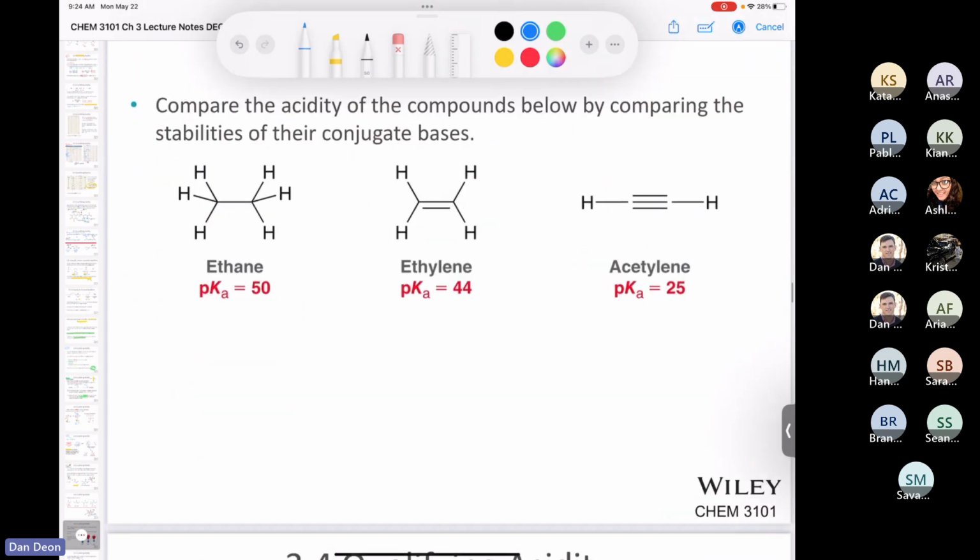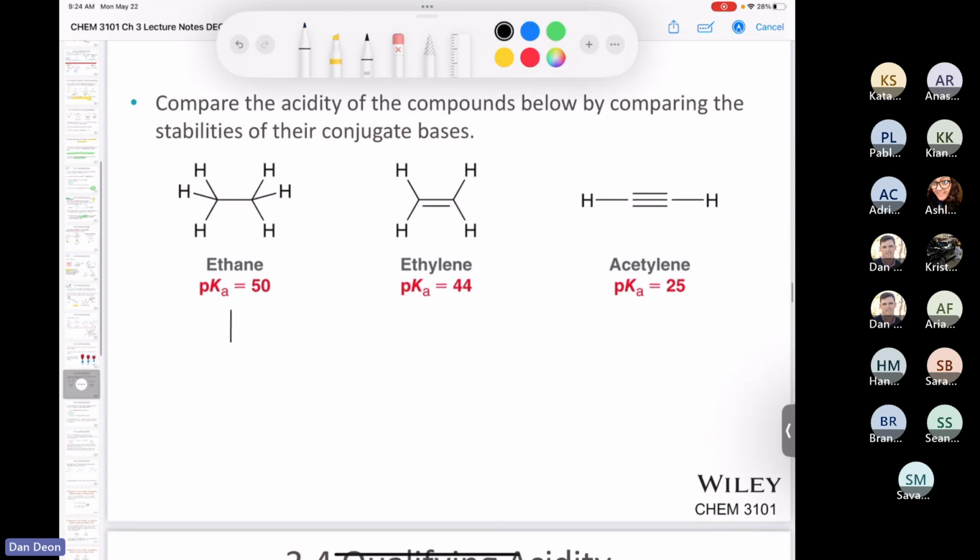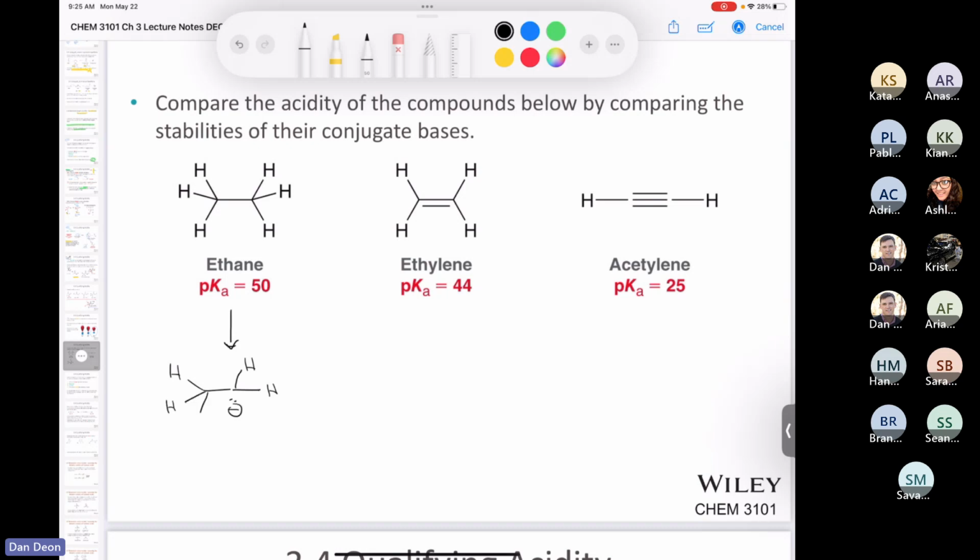Let's take a look at some examples here. If you take a look at ethane, and you draw the conjugate base of ethane, let me just pencil that down here. We have something that looks like this. Then we have a lone pair here. So now we have a negative charge on an sp3 hybridized carbon.